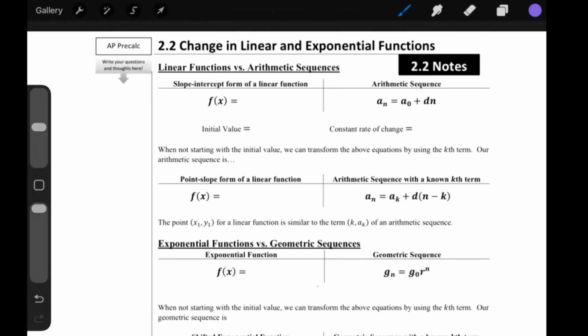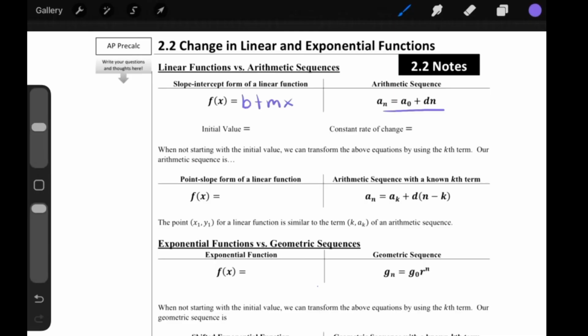So our f of x is equal to, you remember this one, mx plus b. But so that way it looks similar to our arithmetic sequence, we're actually going to move the b over. So we'll have b plus m times x. We can do that because it's just addition, so we can just move it over, no problem.